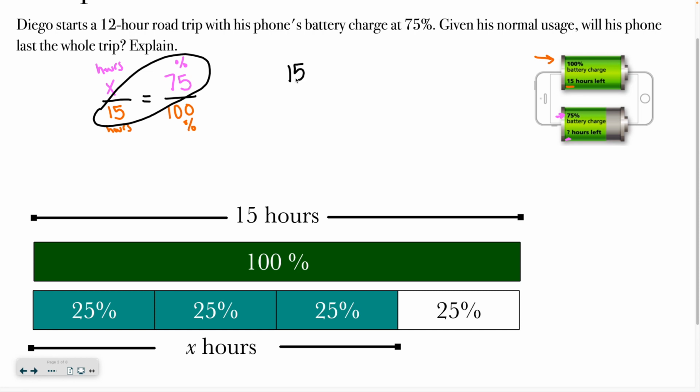So I would say 15 times 75, and then I would divide that by the 100. Okay, so 15 times 75 divided by 100 gives me 11.25. So that means that with a 75% charge, this phone is going to last 11.25 hours.